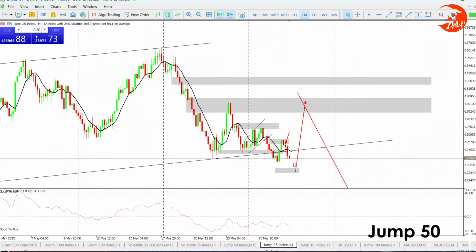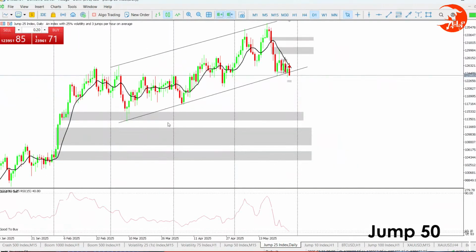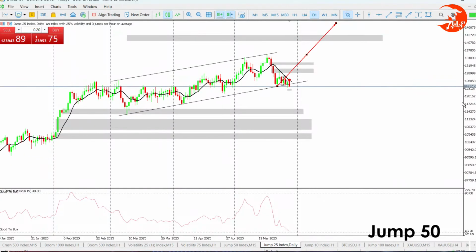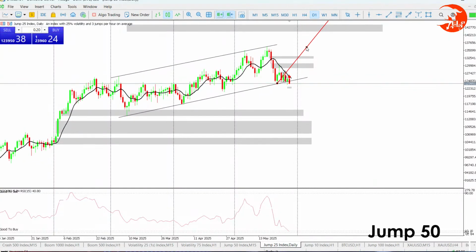So let's wait and see, but before we can anticipate our buys, you have to know that this is a channel. Most of the time with channels like this, price tends to look for this move, and it continues later to that level up there.